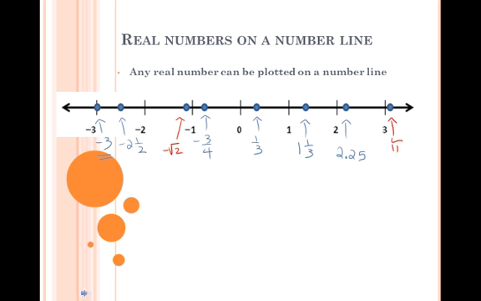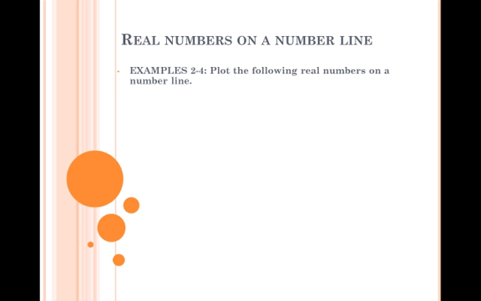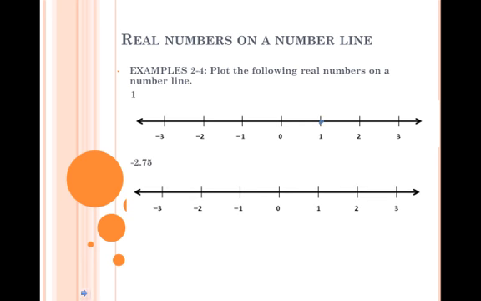Let's look at some examples. We want to plot the following real numbers on a real number line. 1. We want to find 1 on the number line and put a dot where the 1 is on the number line. -2.75.